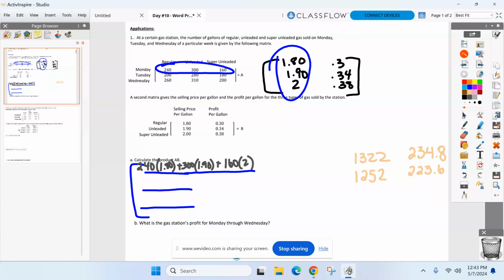Row 3, column 1, 1,457. Sorry, 3-2. Row 3, column 2, 259.4.